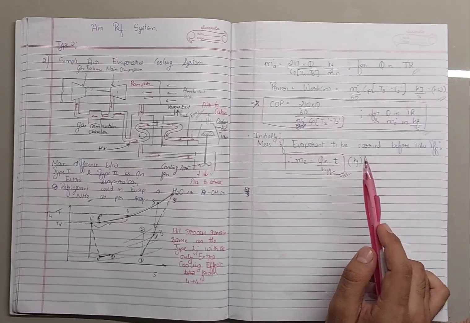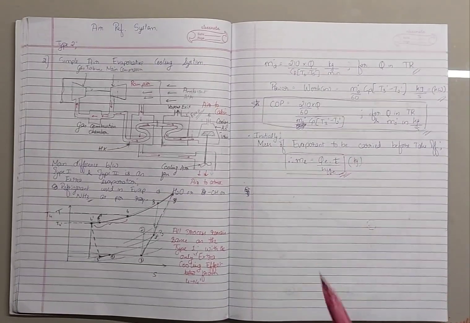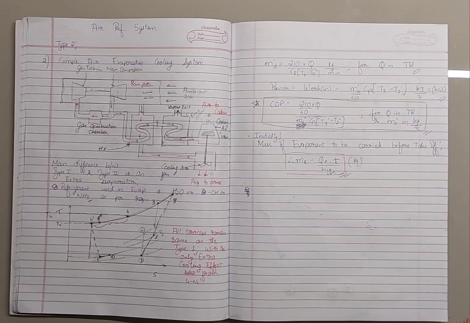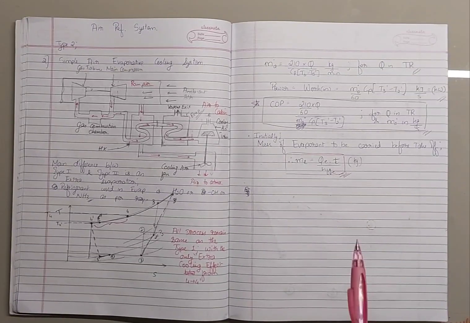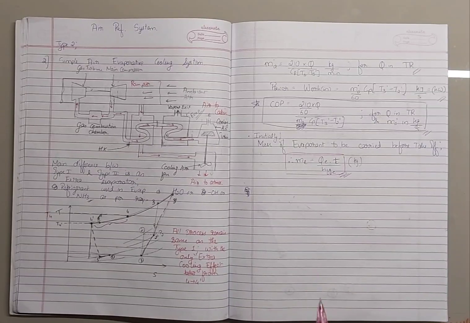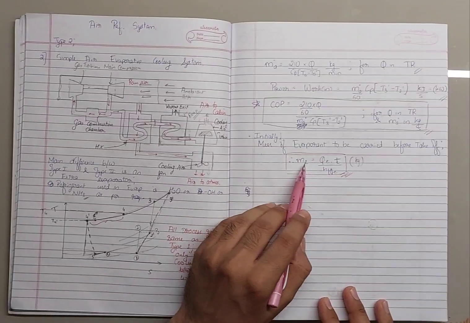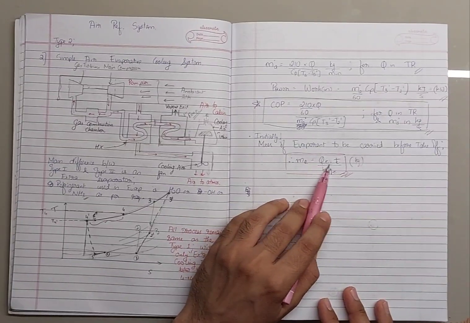And now, as we talked about earlier, before the flight takes off, the amount of evaporant to be present in the evaporator tank should be calculated, as it decreases over time. As it is an open cycle, it doesn't regenerate or replenish; it is diffused into the air during operation. So the required mass of evaporant is equal to QE times the time, divided by h_fg of the evaporant.